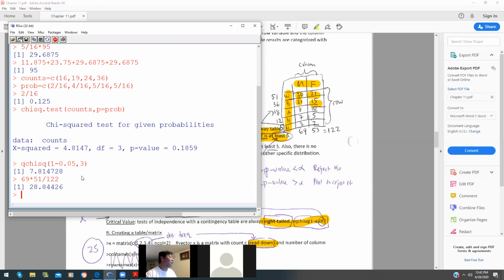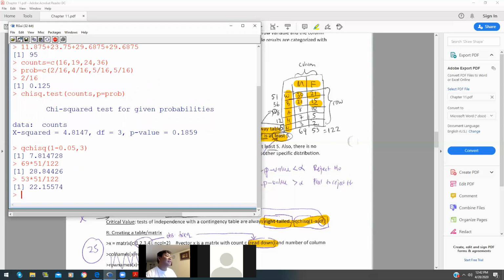Then you have to do the female who is white. The female total is 53, times white is 51, divided by the grand total 122. So this is the expected frequency for female white.